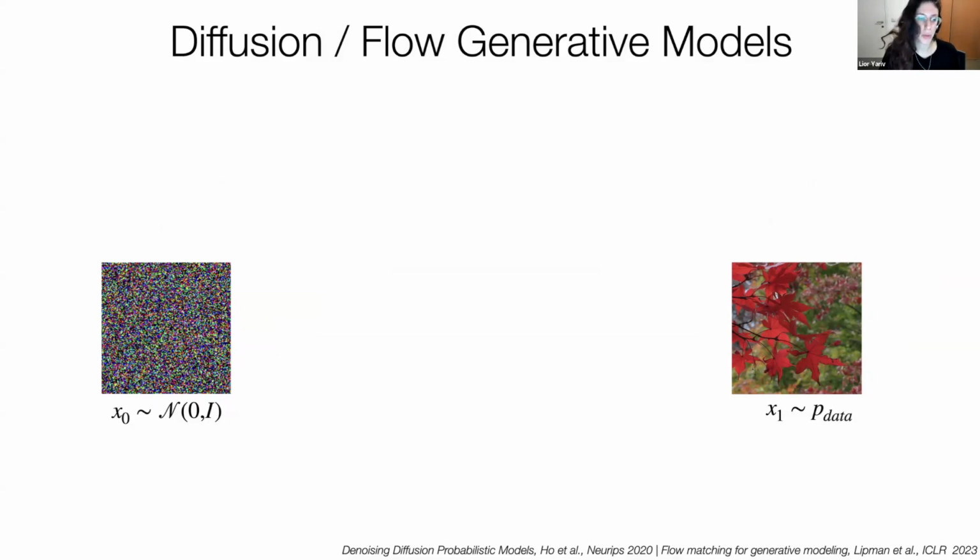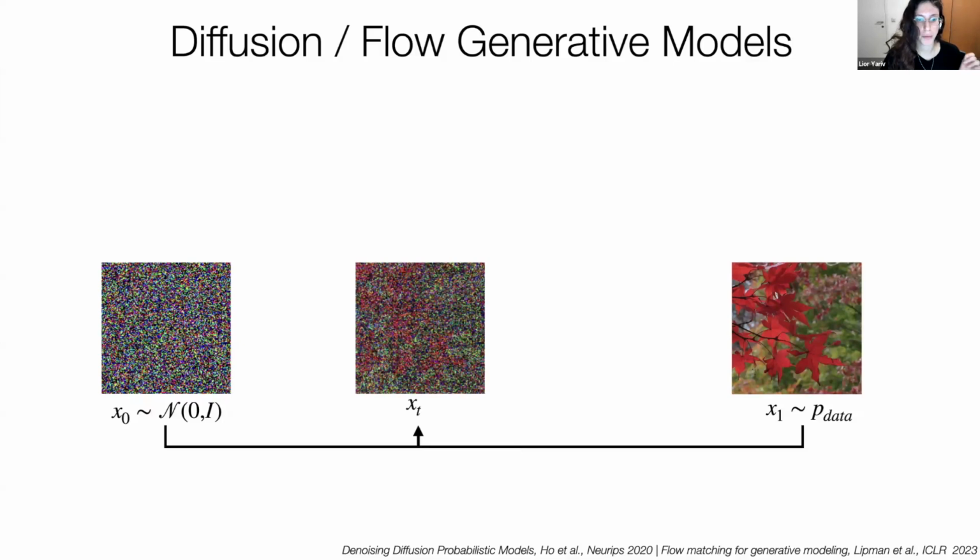We take one sample from the source distribution, the noisy sample x0, and we take one sample from the target distribution, x1. And we can look at an intermediate step using a predefined noisy path that we defined between them.